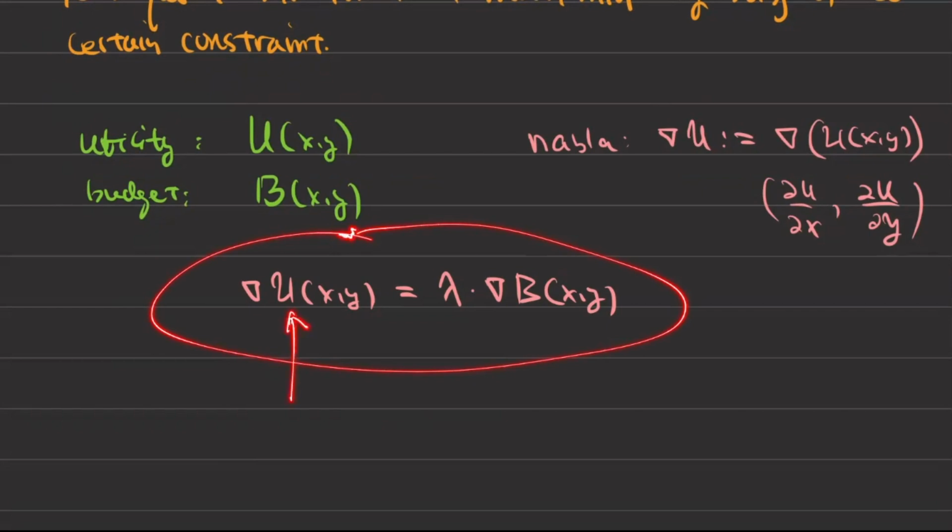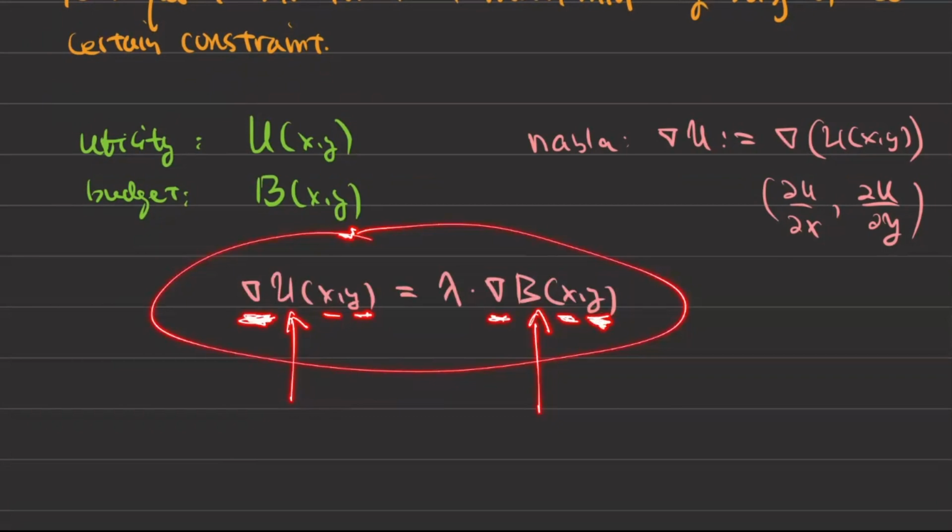At what point is the change of the utility function, right? That's what nabla is doing. Gradient means the change of the function with respect to x and y is somehow equal to the change of this budget function at the same dot, x and y.